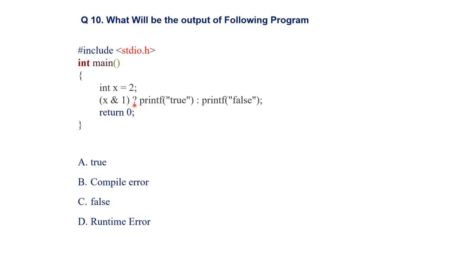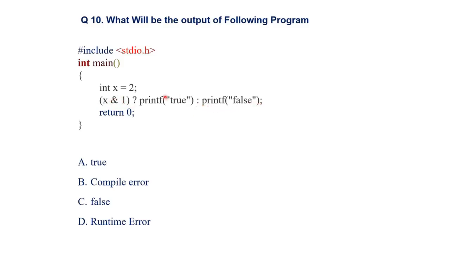While evaluating this operator, firstly this condition will be evaluated. This condition will be either true or false. If this condition is true, then the expression after the question mark will be executed, and if this condition is false, then the expression after the colon will be executed.